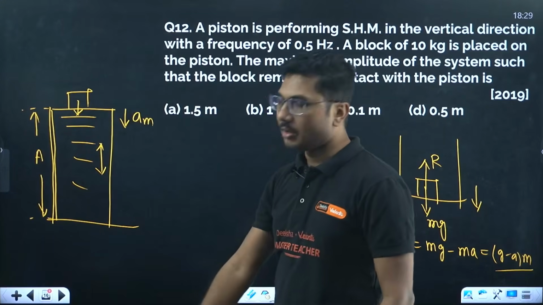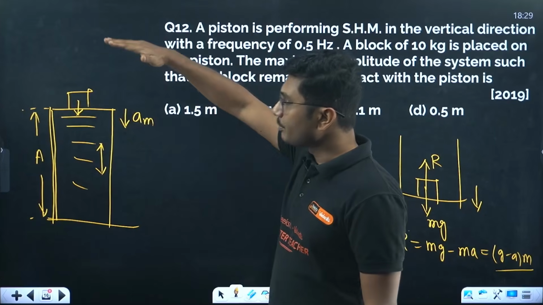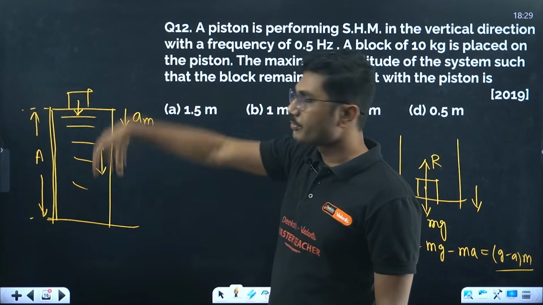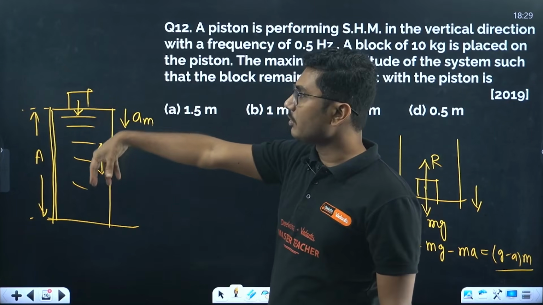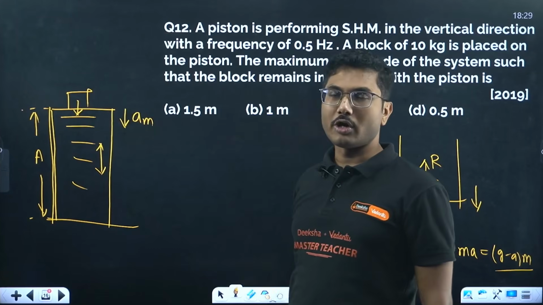If the piston accelerates faster than the gravitational acceleration, then the piston will start falling faster than the object can. So the object will fall slowly, but the piston will accelerate faster, so it will no longer be in contact.